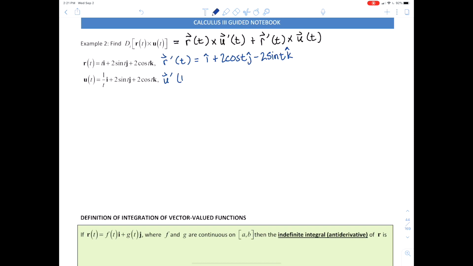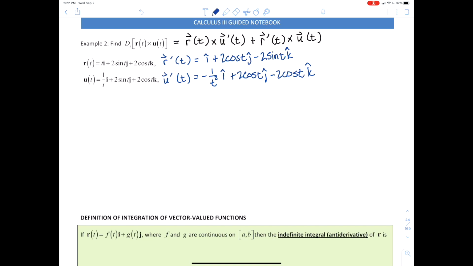u prime at t is going to be negative 1 over t squared times i plus 2 cosine t times j minus 2 cosine t times k.